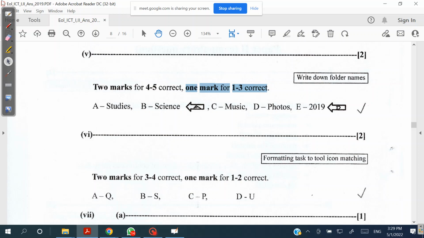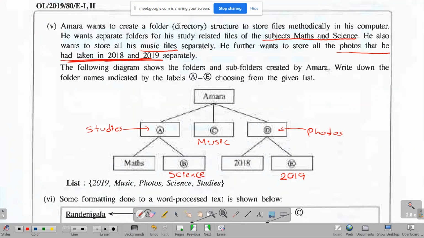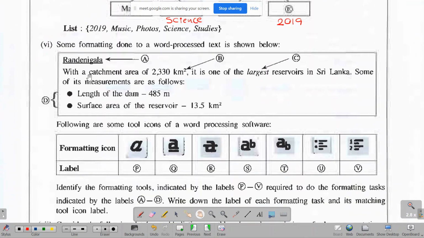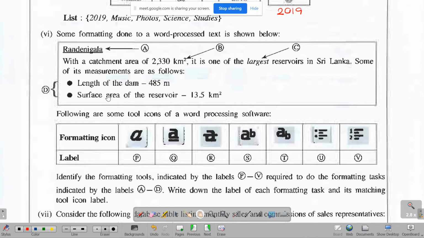So the 6th one, they are talking about some formattings, and ask you to match the formattings with the labels by the given list of icons. So A is going to be associated with Q, to underline the things.